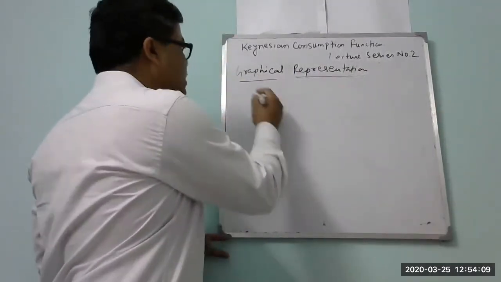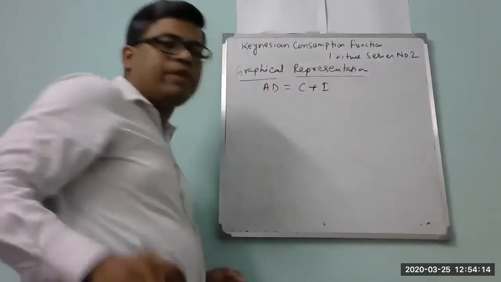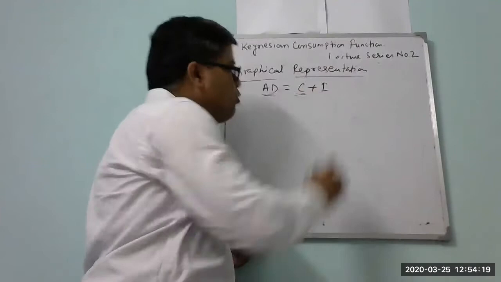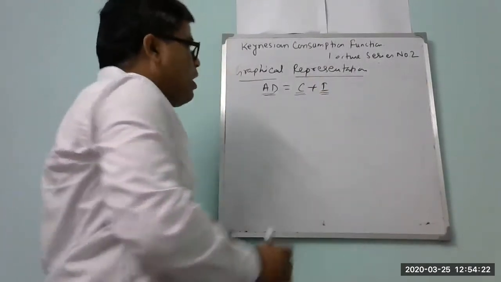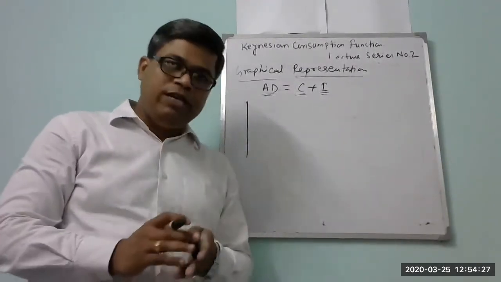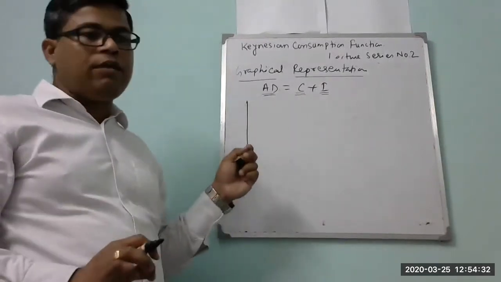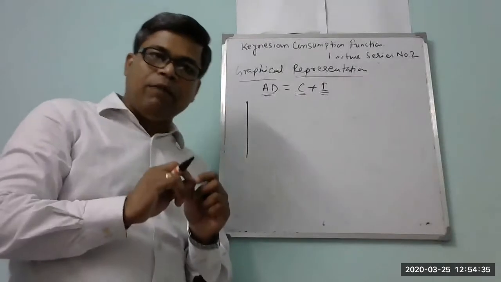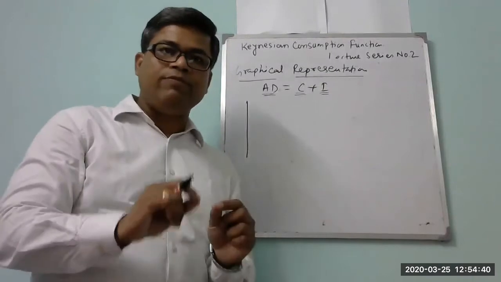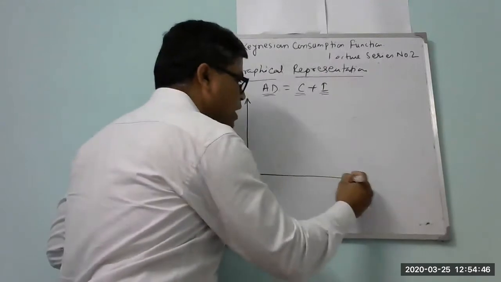For drawing the aggregate demand curve, AD is equal to C plus I. So for drawing the AD curve, we need to draw the C curve and the I curve. Now what is the C curve? In my first lecture I already described how to draw the C. Here also I described that the consumption line is an upward sloping straight line with positive intercept but flatter than the 45-degree line. So if we draw this one, it will be like this.